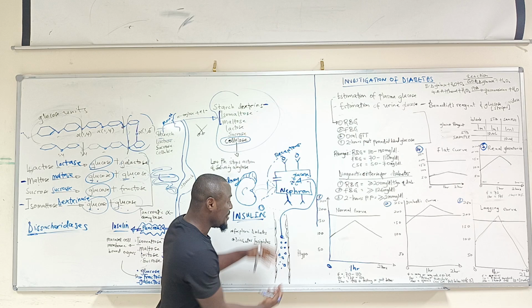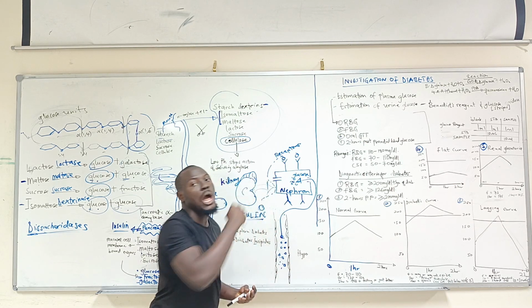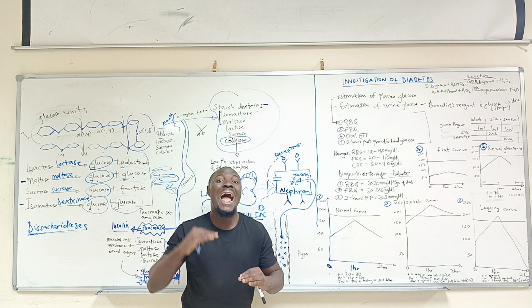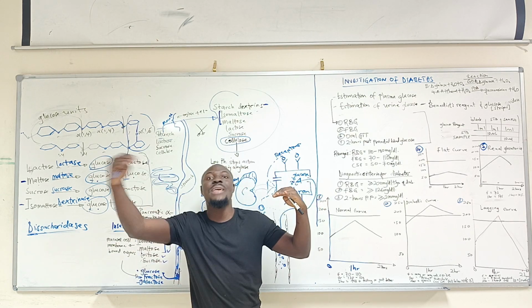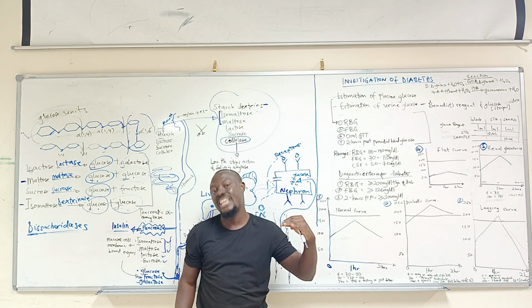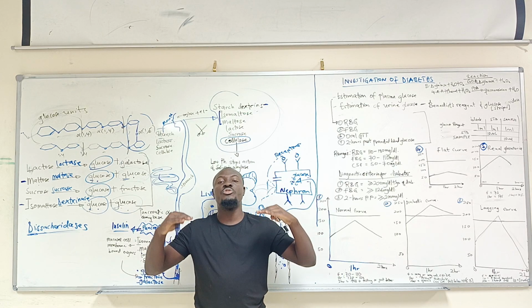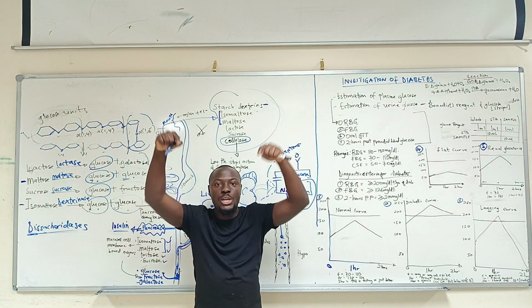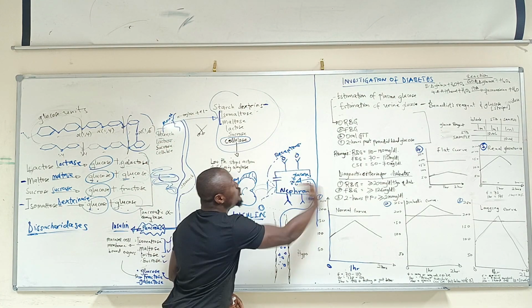In other words, there will be accumulation of glucose or sugar inside our blood, which we refer to as hyperglycemia. Hyper means high, and glycemia has to do with the sugar concentration inside our blood. So we are going to have a high concentration of sugar inside your blood. Why? Because you cannot put the sugar into the cells.